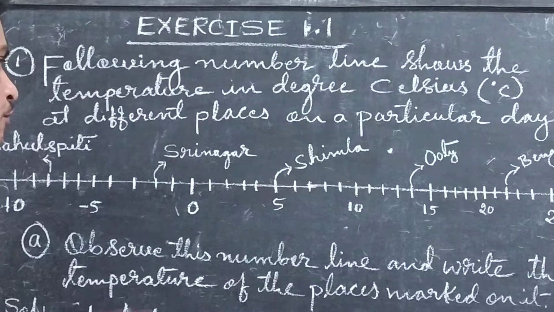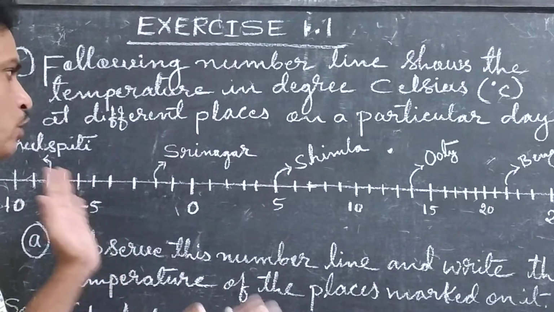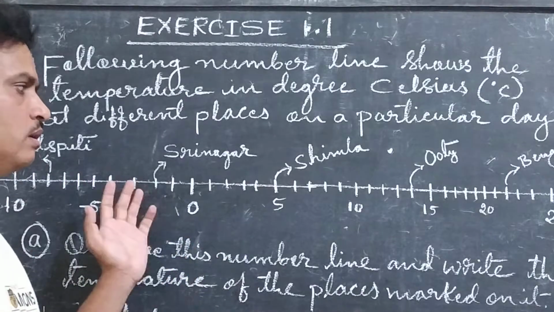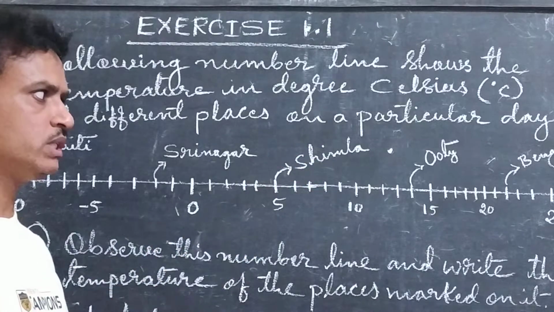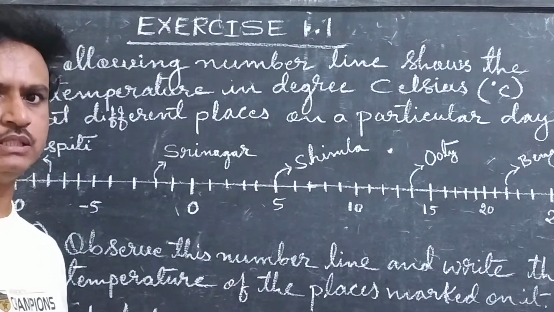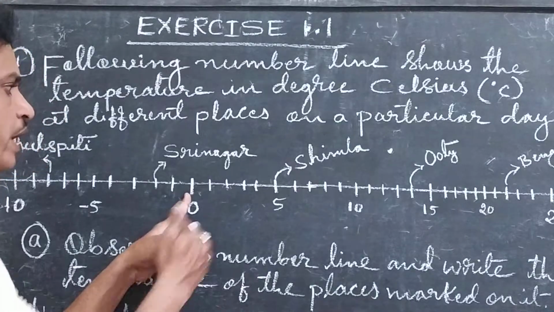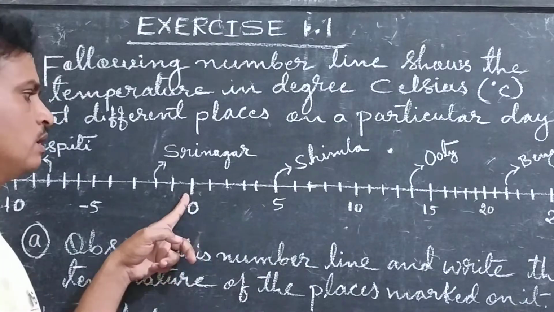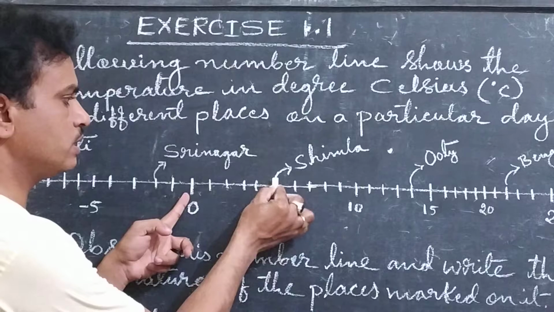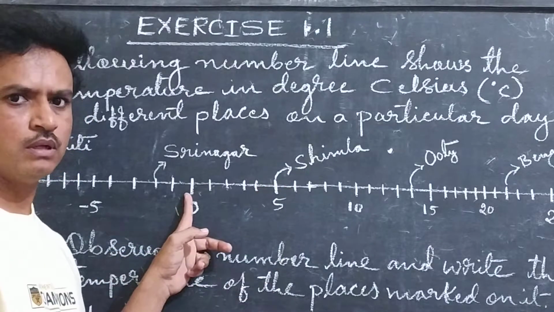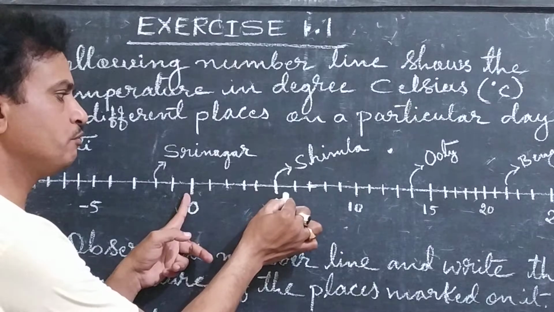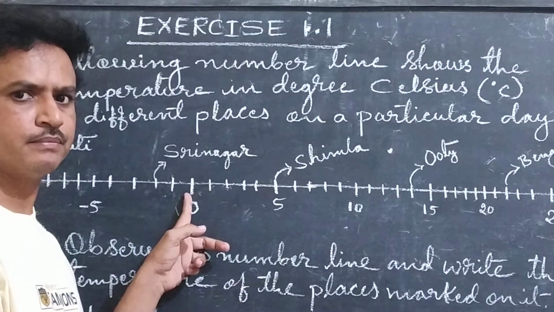Now, your first question: what is given? First try to understand what the number line is here, and what values are given at different places. We will see the right side of 0 first. After 0, mark this at 5: Simla. That means here 5 degrees Celsius.